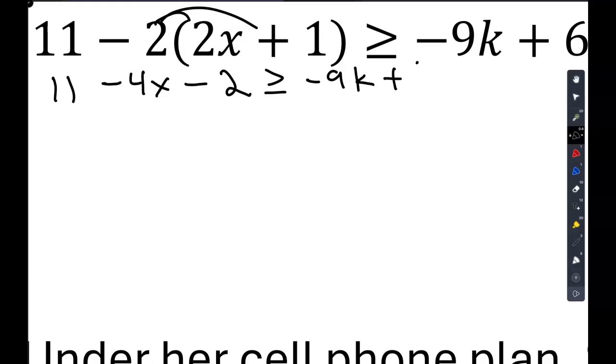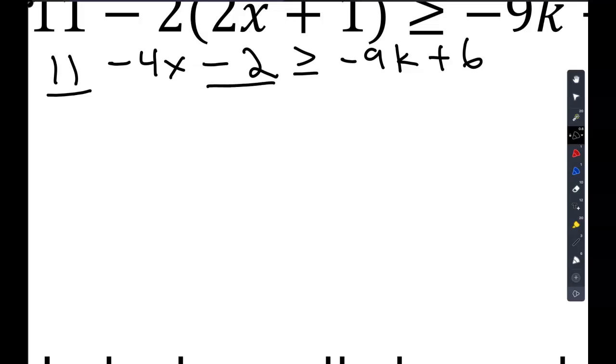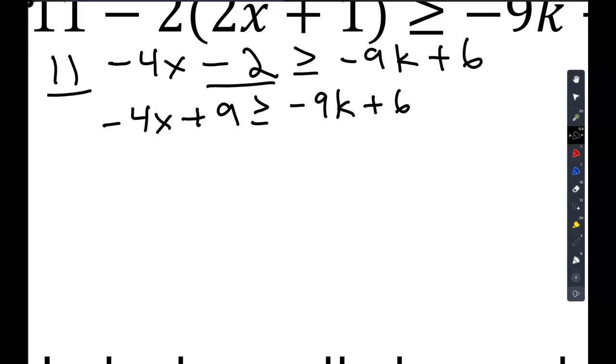9k plus 6. All right, zoom in a little more now. I probably can get everything in, but I'm still going to show you the little trick. So here I have like terms, 11 and -2. We're going to combine those, and that's going to get you -4x, and then 11 minus 2 is 9, positive 9, greater than or equal to -9k plus 6.